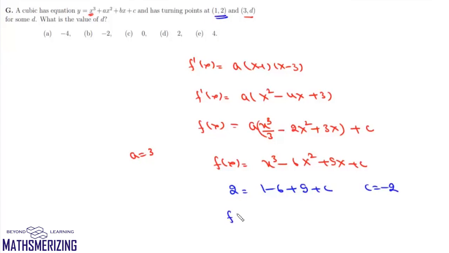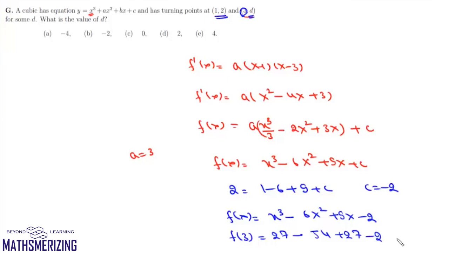So this function f x will be x cube minus 6x square plus 9x minus 2. Now we need to find the value of this function when x is 3. So the value of f of 3 will be 27 minus 54 plus 27 minus 2, and this value is minus 2. That is, the value of d should be minus 2, and that's your option number B.